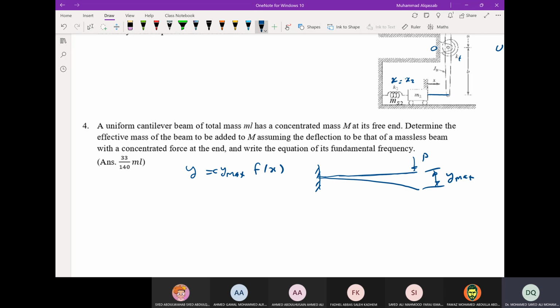As we did in the example for the simply supported beam, the factor was -1. Here you need to find the factor, maybe it is half. And then you can find the added mass. This is the added mass. Okay, so write the equation of its fundamental frequency. This is the mass. The natural frequency would be square root of k over m.